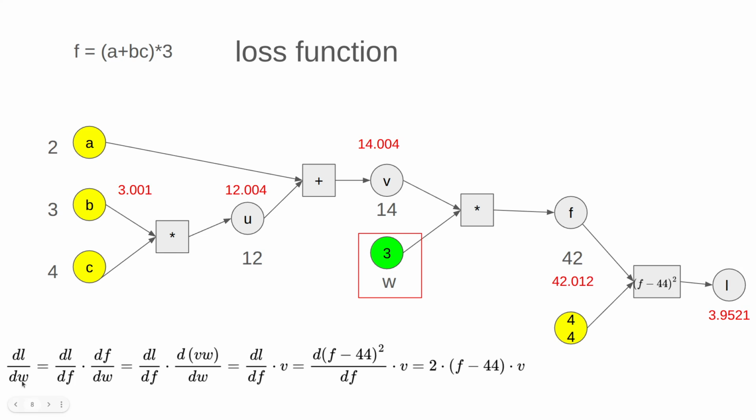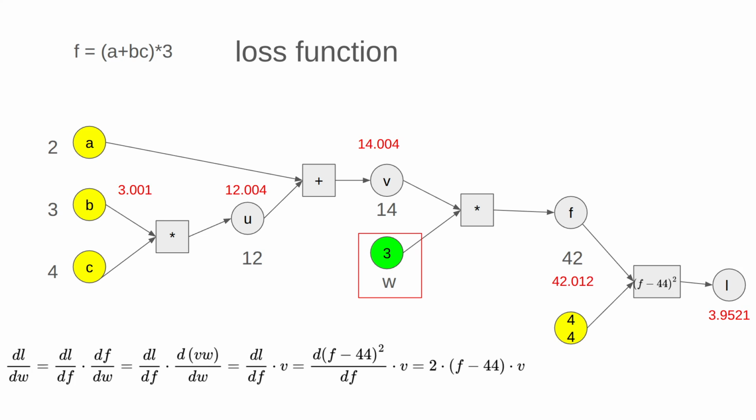As we said before, this will be the direction we want to change the W. We need to multiply by a learning rate to decide how much we want to change the W. The learning rate will be a very small number, which we can decide.